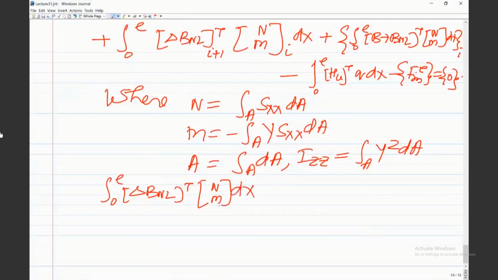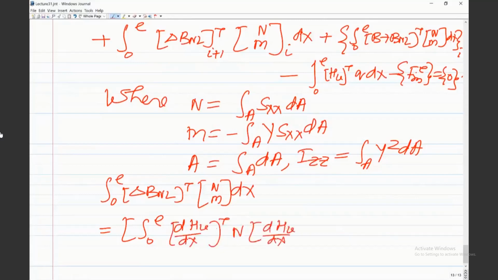So when it gets multiplied with M, it would go to 0. So if you expand this, you can write this as integration 0 to L, and then delta BNL has got dV by dx and delta of dV by dx. So dV by dx we have in terms of dHV by dx transpose into N, and then we have delta of dV by dx, so that comes as dHV by dx, this matrix into dx, and this whole thing you can take on the right hand side delta D as a common term.